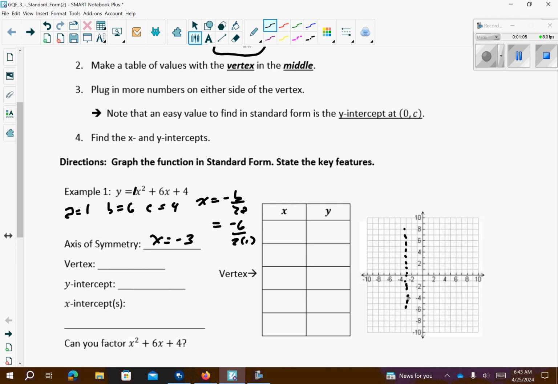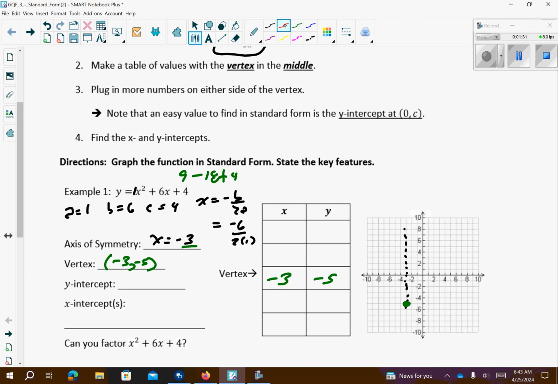Because we know the x part's negative 3, if you plug that in, you get 9 minus 18 plus 4. 9 minus 18 is negative 9. Negative 9 plus 4 is negative 5. So then we get negative 3, negative 5, which is down here.